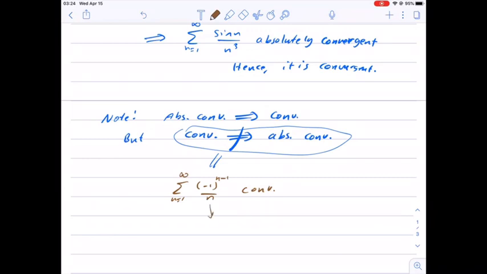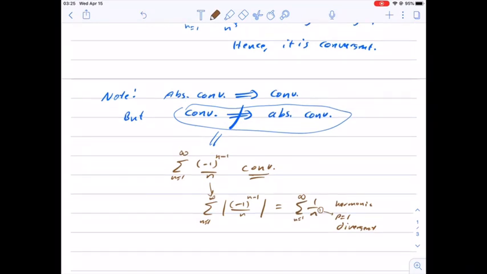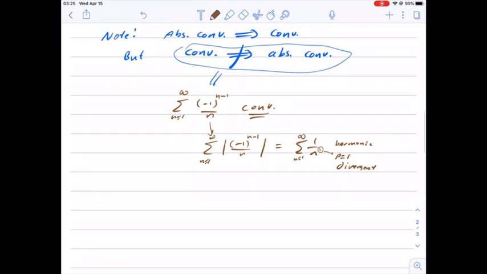But the absolute value of these terms is the absolute value of (-1)^(n-1) over n, and that is the series 1 over n, but this is the harmonic series. The power is 1, the p is 1, and that means divergent. So the absolute value of the series is divergent, but the original series is convergent, and we learned this in section 11.2. So this is an example of a convergent series that's not absolutely convergent.